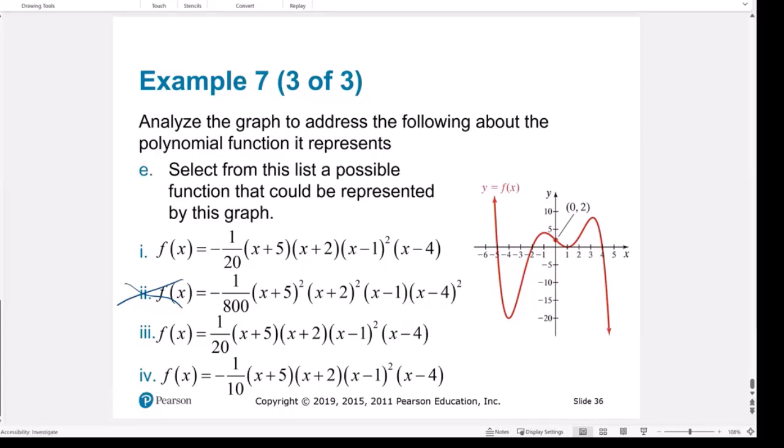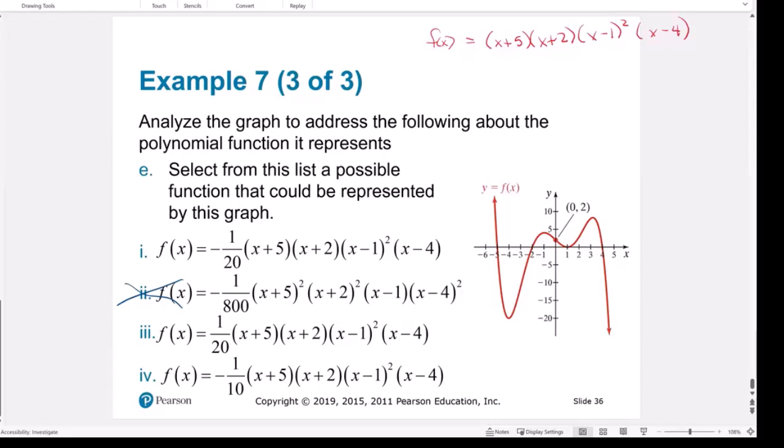The only thing that's changing now is the leading coefficient. I want to pick a point where it's not one of the zeros, and I can use the 0, 2 point. They all have x plus 5 times x plus 2 times x minus 1 squared times x minus 4.